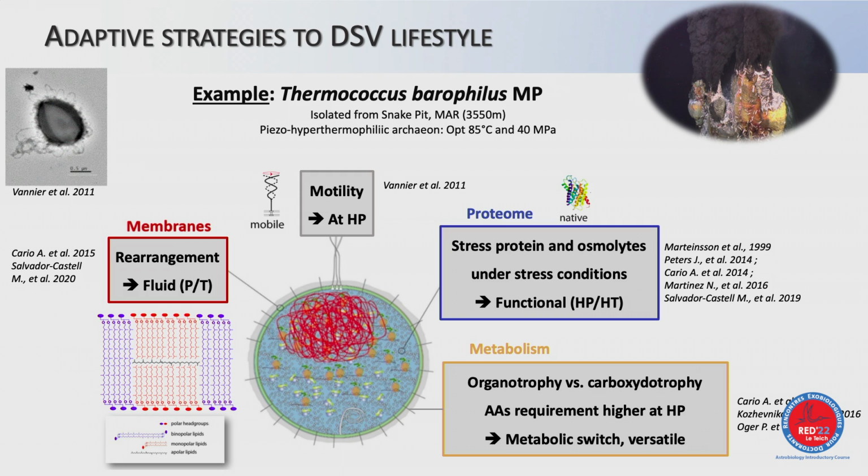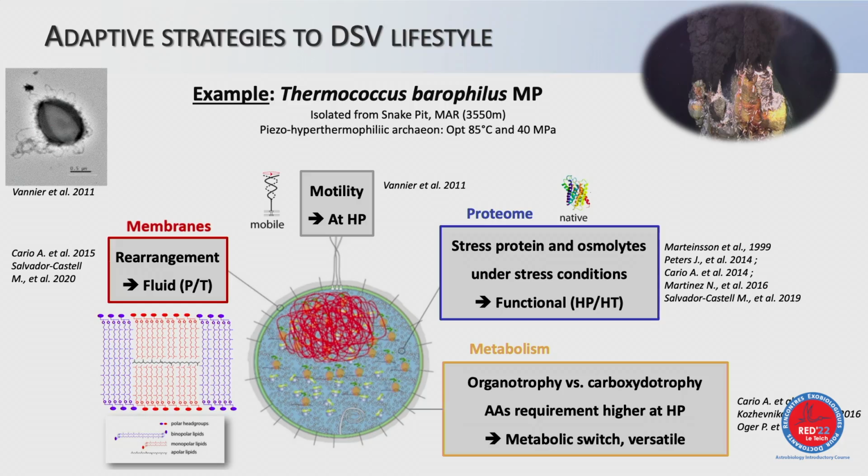With different studies, we saw that barophilus was able to modify the composition of its lipids at high pressure, but also according to different temperature conditions. So it was always a fluid membrane. Concerning the motility, we saw that this strain is only mobile at high pressure conditions, and under atmospheric pressure conditions, the strain cannot swim at all.